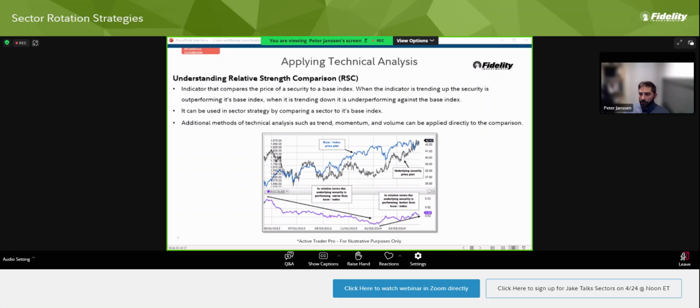Now, if there are these bigger divergences where, in this case, the base index seems to be rising, and what it is that you've actually typed in and charted is going lower, well, it's a little bit easier to see, okay, this is outperforming and what you're charting is underperforming. But what we're looking to gain, going back to that slide that discussed alpha, was, hey, look, I'm thinking that maybe this sector will do well, but maybe how is this sector doing in comparison to the markets?